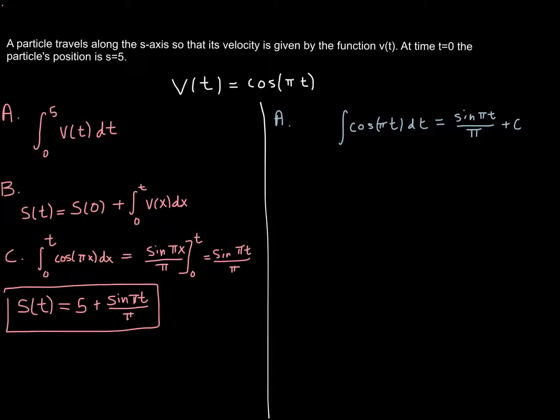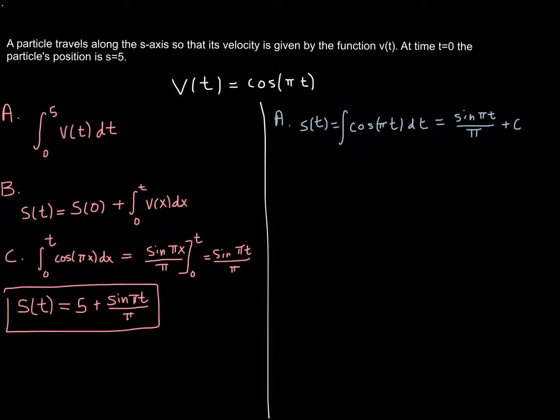And I want to set this equal to s of t. So in other words, I'm calling my position function the antiderivative of velocity, which should make perfect sense. And so this is s of t.